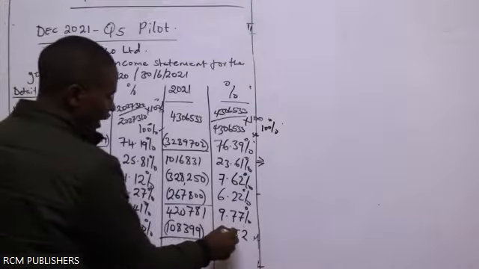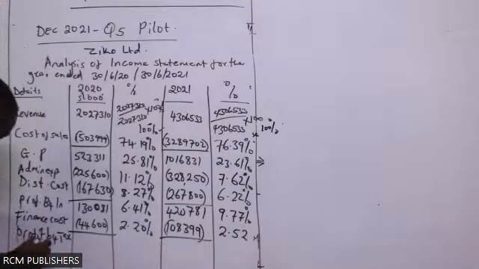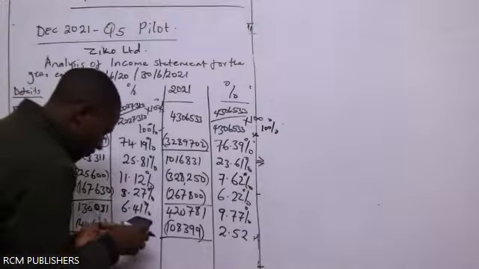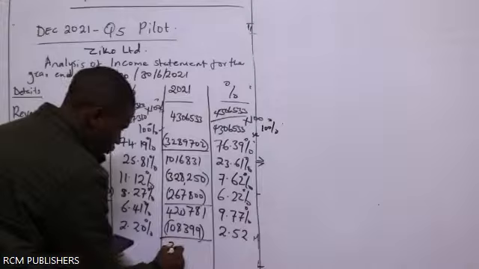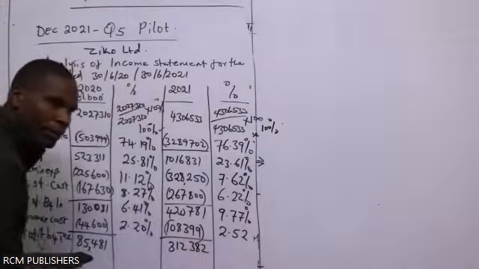Unaweza angalia even the point something. So profit before tax for this, I'll be having 85,481. Then I'll be having the other side, 312,382. Nipatieni hizo.